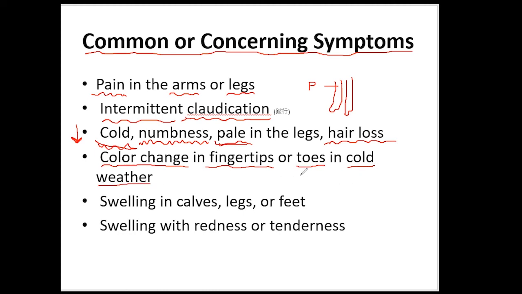Because their blood supply to the terminal area is already less, they may already have a pale color. Then in cold weather, it causes the blood vessels to contract, so even less blood is sent to the terminal area of the fingers or toes.